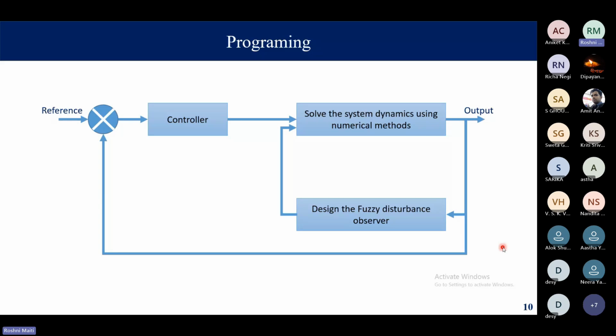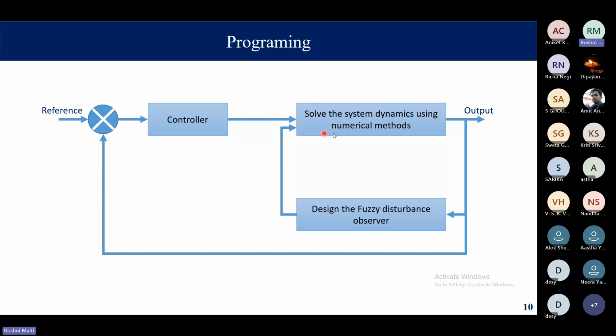Otherwise, we have to go for fuzzy system modeling. Or what we can do, we can have that model of that system. From the output of the practical system, we can have the overall system model as well as the uncertainties and external disturbances present on that system.